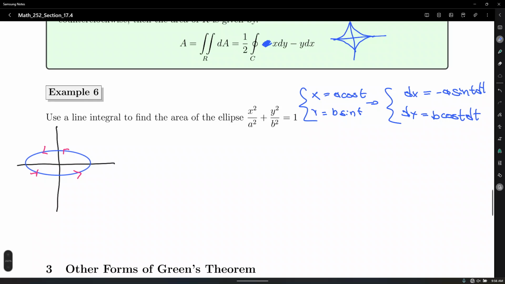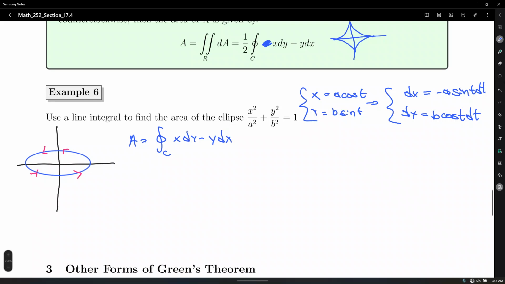All right, so area A is the integral along the closed curve C, which in this case is the ellipse, of x dy minus y dx. I mean, guys, we know what x is, we know what y is. Just substitute.